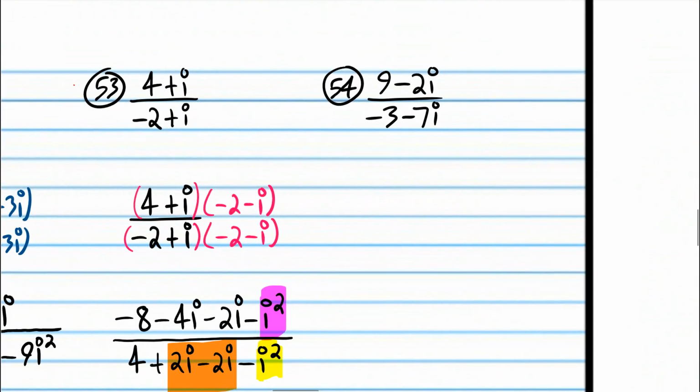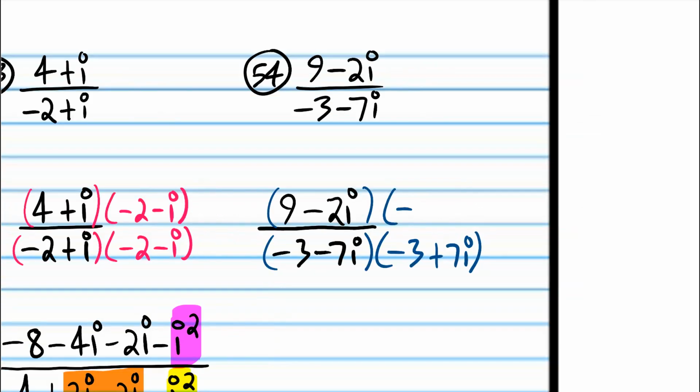So let's try one more of those before you try one on your own. If you think you want to try this one on your own, that's fine. But we'll do one more together. Now remember, only change the inner sign.